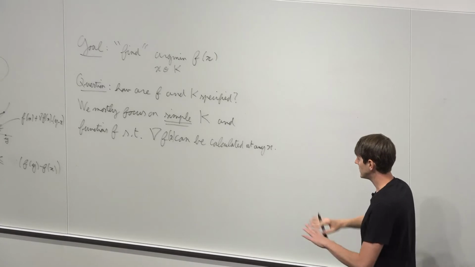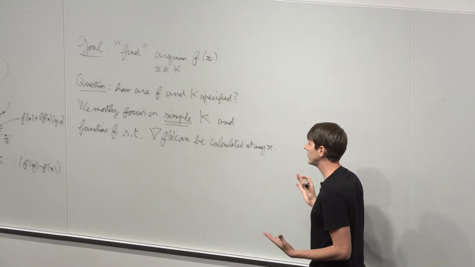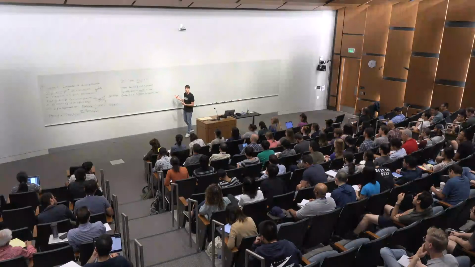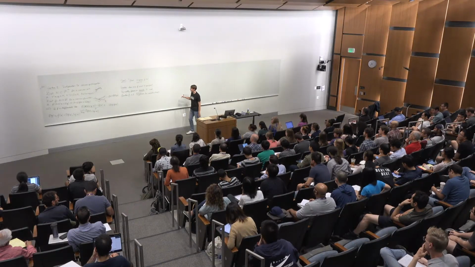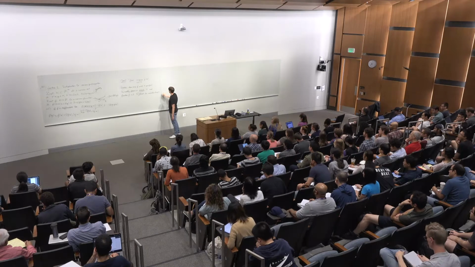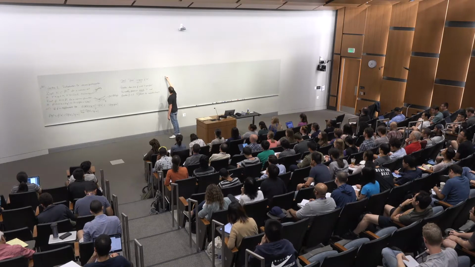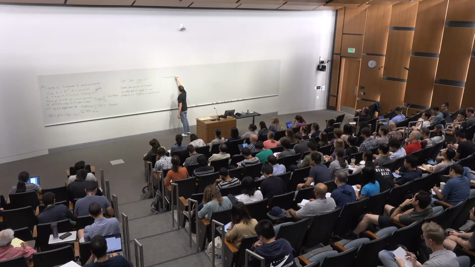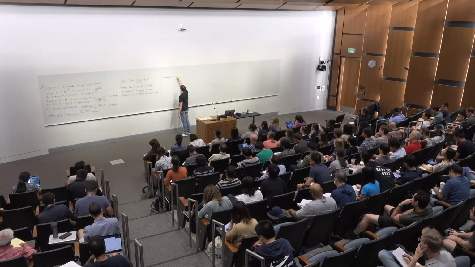Okay. So this is a general setting, but to motivate convex optimization a little bit more in the context of machine learning, let me give you some examples in machine learning.